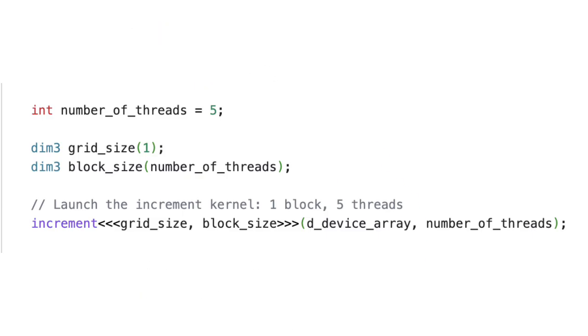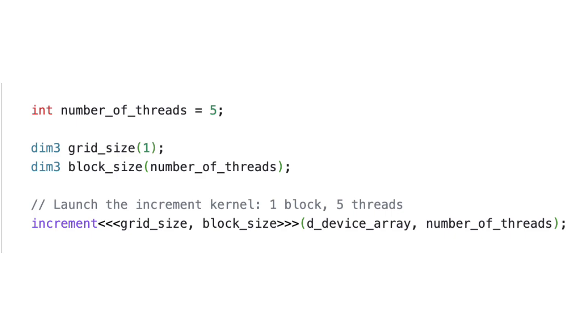Here I set the number of threads to 5 because I have 5 elements in my array and I want 1 thread per element. Then I create a grid with just 1 block and a block that contains 5 threads along the x-axis. When I launch the kernel function increment, the GPU creates 5 parallel threads.